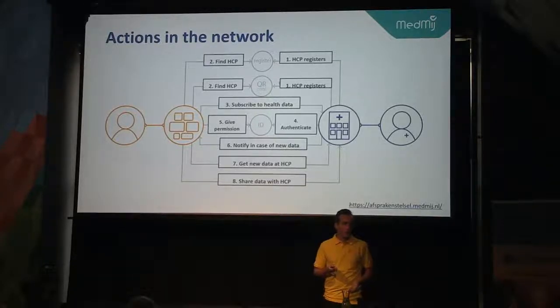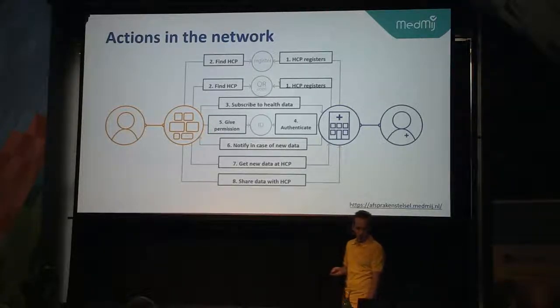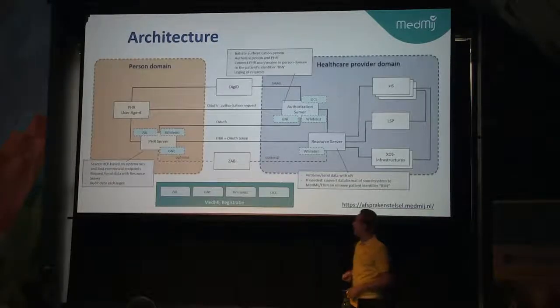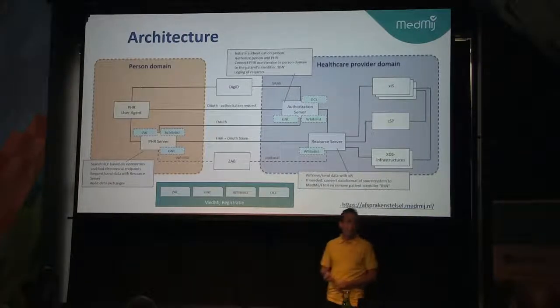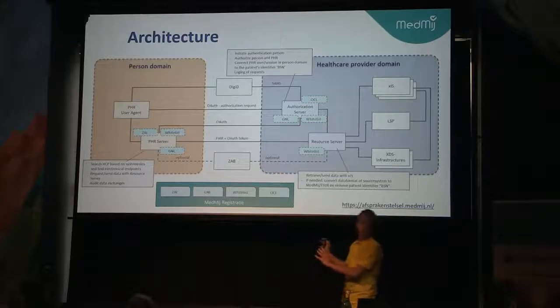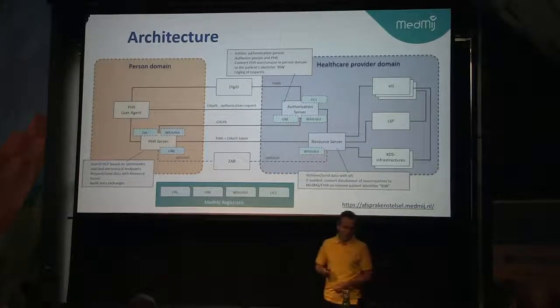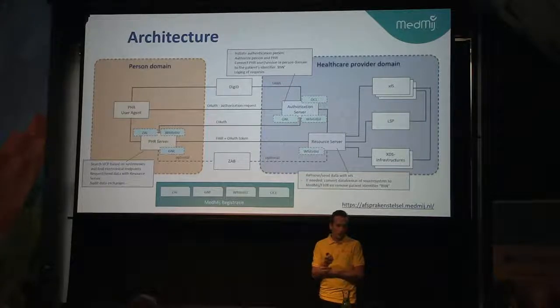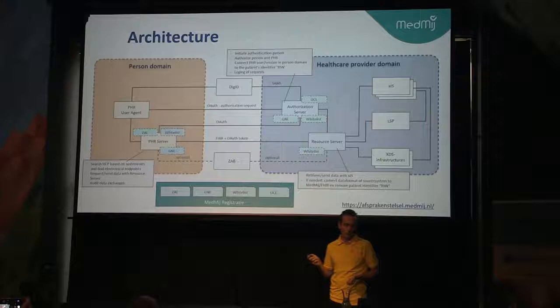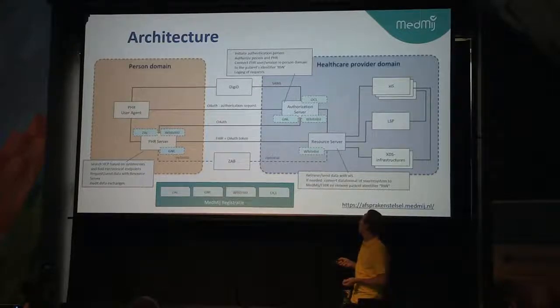So now I've got a next slide on the architecture of MedMij, which I will cover briefly, which is maybe a lot of information on one slide. And here it is. On the left side, we have again the person domain, and on the right side, we have the healthcare provider domain. I will briefly go through a couple of important actors in this framework, which are the PHR server, the authorization server, and the resource server.